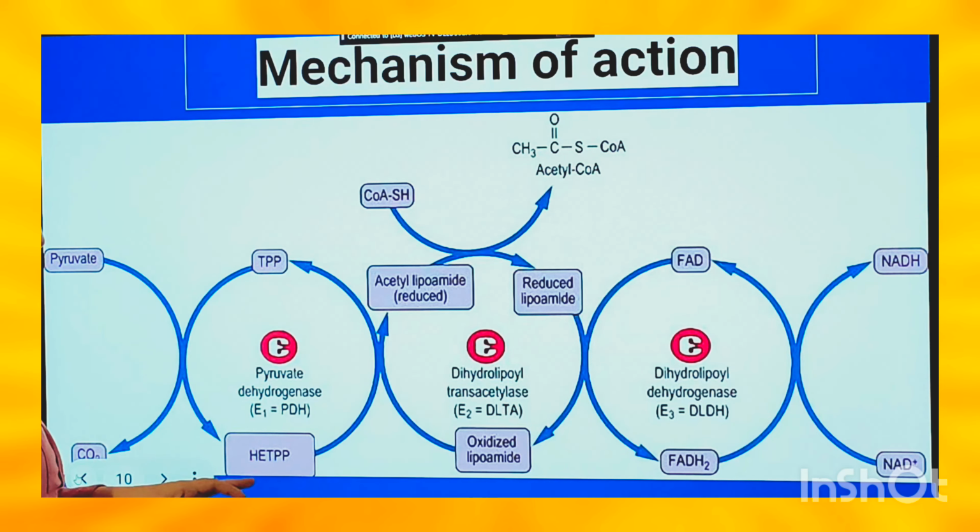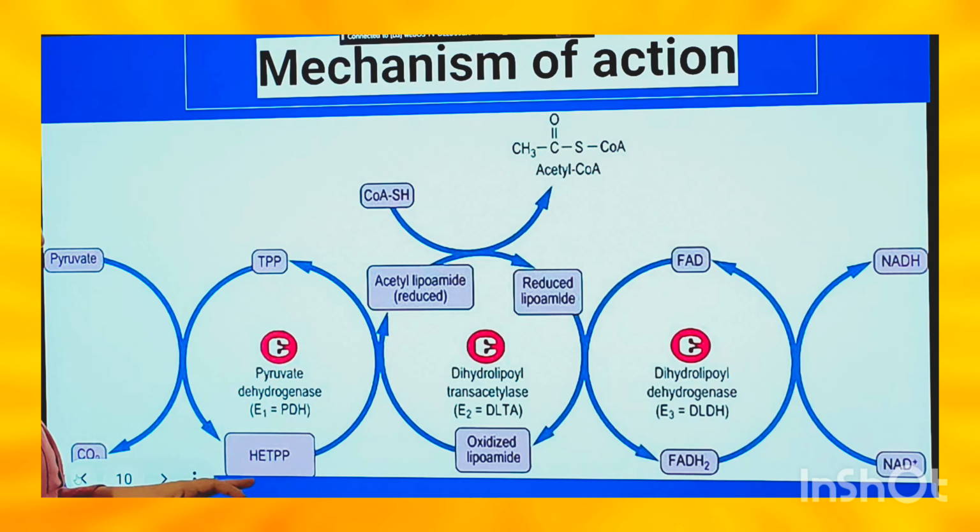The lipoamide, which is covalently linked with E2 or dihydrolipoyl transacetylase, will receive this hydroxyethyl group or acetyl group to form acetyl lipoamide, and it will get reduced. Now this acetyl will be received by CoA to form acetyl CoA. So the two main steps of the pyruvate dehydrogenase complex are complete.